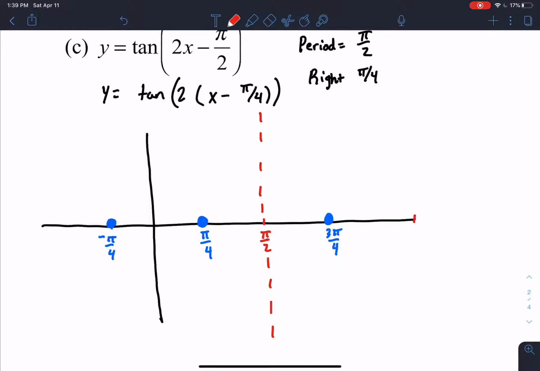Actually, I should make that a little bit closer. Okay, and if you take away 1 period from pi over 2, you get 0. And then negative pi over 2. Okay.